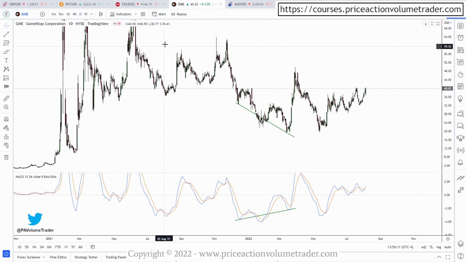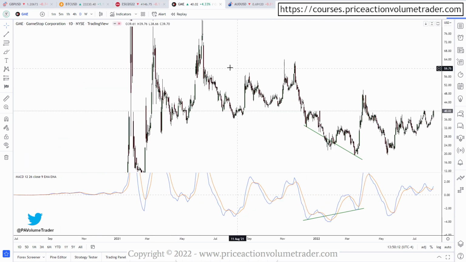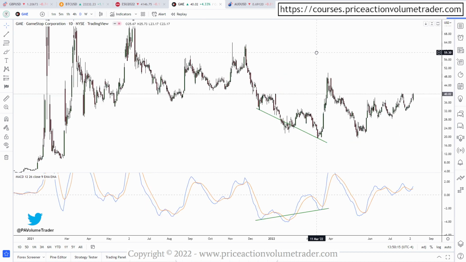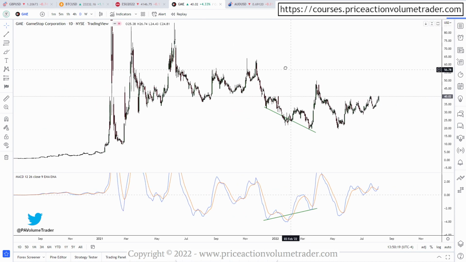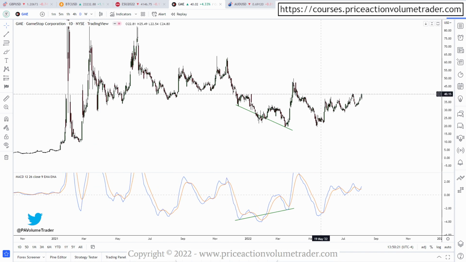If we go to stocks, this is the GameStop GME daily chart, and you can see here, for example, a nice triple drive down. We have 1, 2, 3, and our MACD is giving us the bullish divergence signal over here.